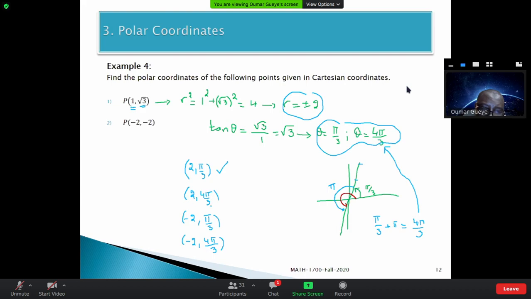It means this point is in the third quadrant. We cannot take it, because our point is in the first quadrant, even if these values satisfy the equation here.